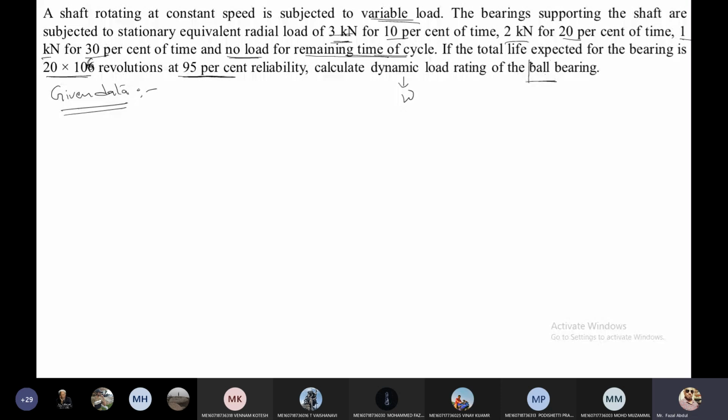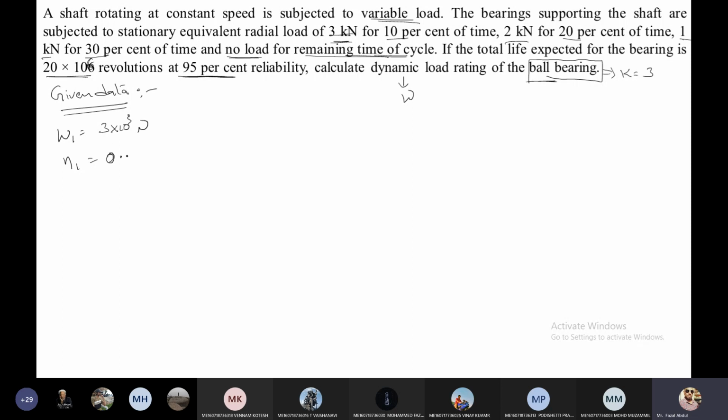So here it is particularly mentioned for the ball bearing. Ball bearing means we have to take the k value as 3. Okay, now I am writing the given data. For the first time, for the bearing, W1 is 3 kilonewtons, 10 to the power of 3 newtons, for N1 revolutions, as 10% of time. So 10% of time, how much do we have to take?